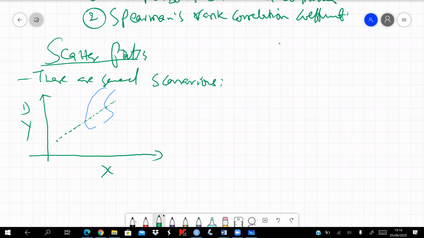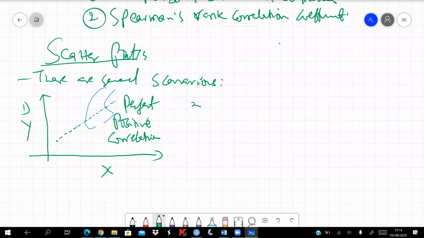Like in this case, the slope of this straight line here is positive. So here we say there is perfect positive correlation. That's a very rare scenario, especially when you are using data collected from the field, like economic data and so on and so forth. That's a very rare scenario, okay?